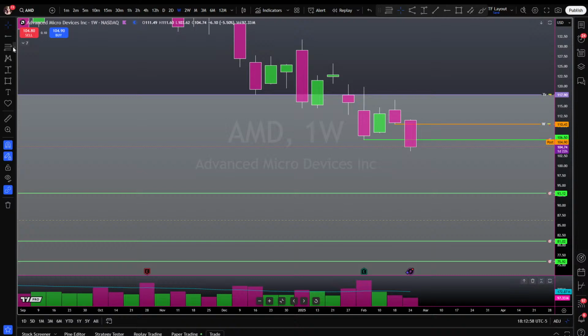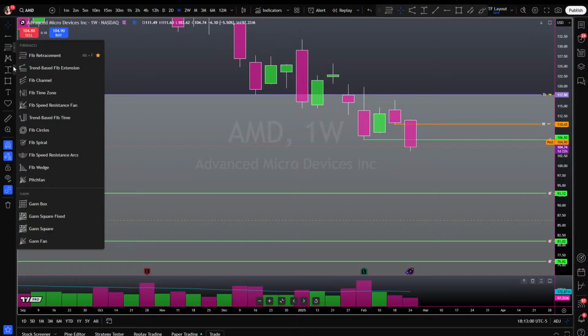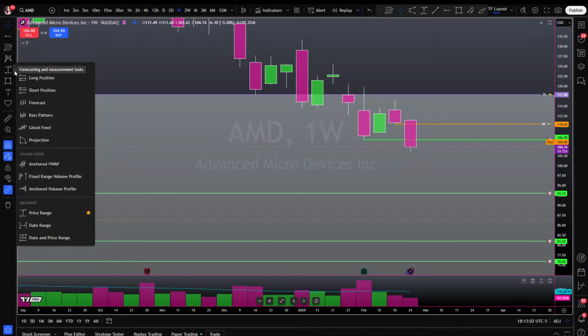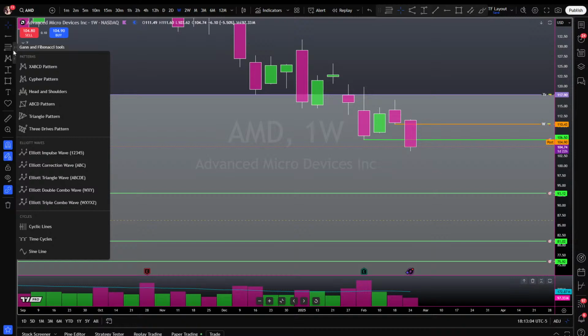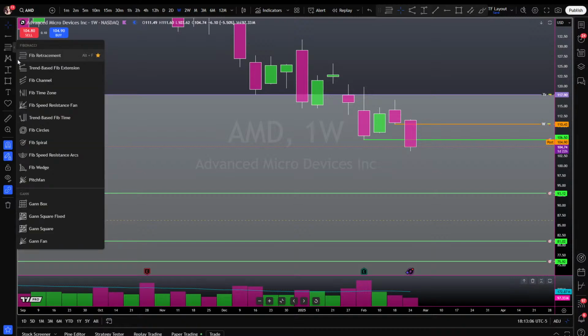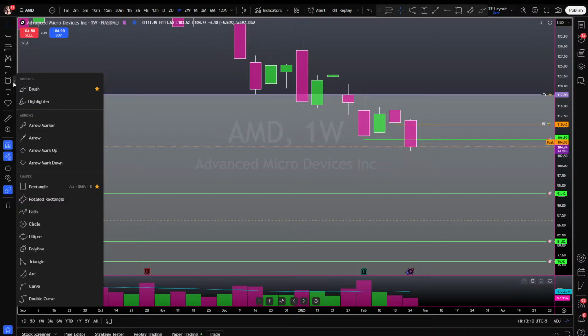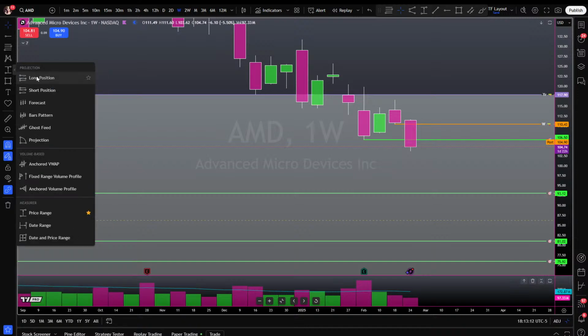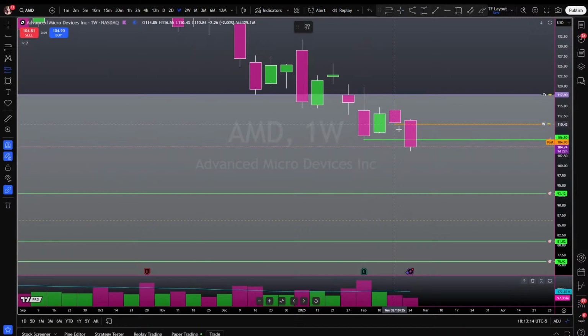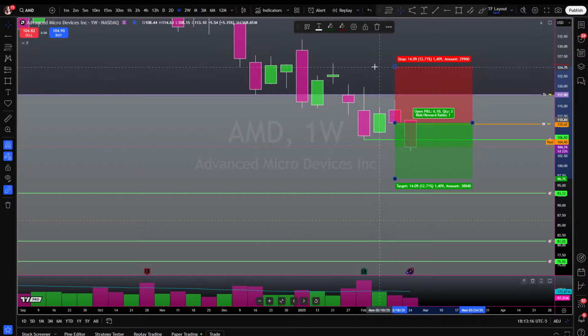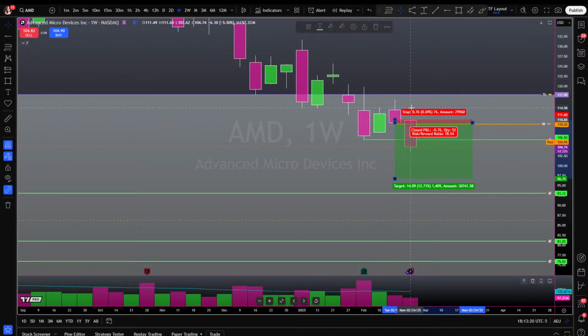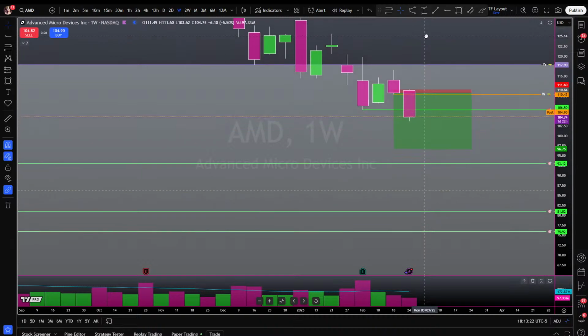Let's see, where's the short tool? Takes me a second. I don't use this very often. Jeez, hold on. Aha. So you could have a stop that tight.